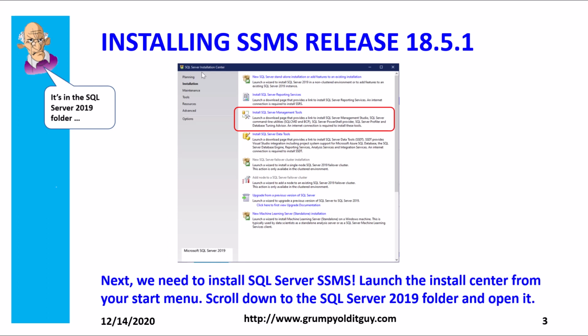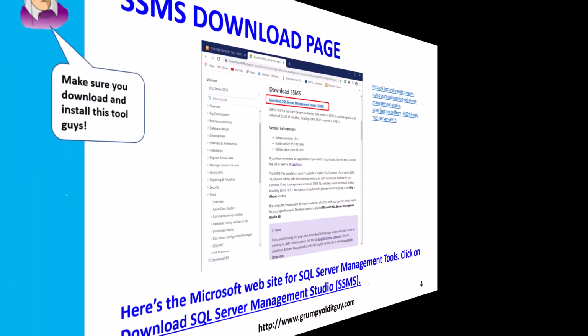You'll launch it and you'll be presented with the following panel, which contains the following selections: planning, installation, maintenance, tools, resources, advanced, and options. Okay, we're just interested in installation for now, so just click on it and then scroll down where it says Install SQL Server Management Tools. Okay, so this will take you to the download page. Let's see what that looks like.